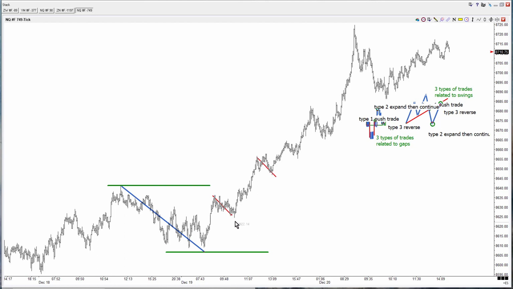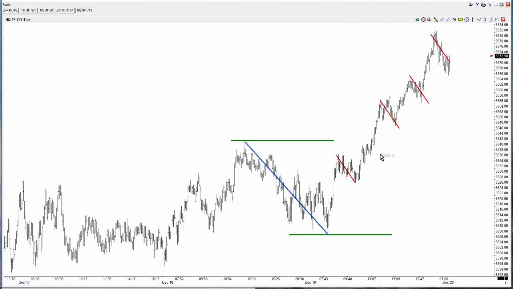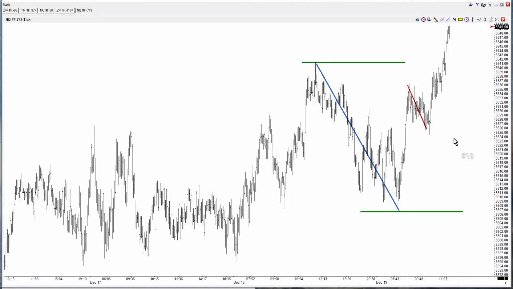See, they're pushing, they're not pulling back this far. You can wait for it to pull, but they're not pulling back. They're pushing this thing. They're pushing, and then they finally expand, right? So this is we're in a hurry. We're just going to do these little bitty swings.